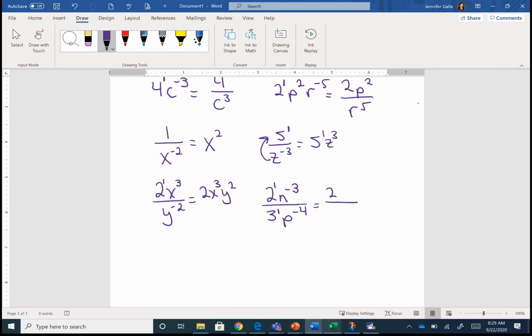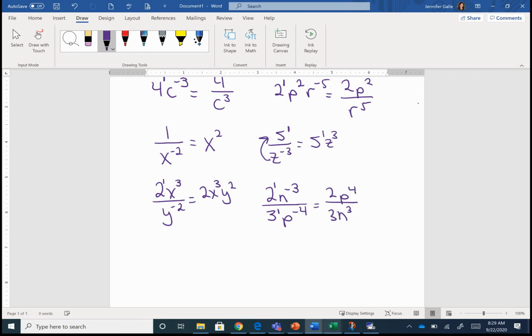Needs to go down, right? All right, now I go to the bottom. 3 has a positive exponent. It stays. P to the negative fourth, however, it's not happy down there. Where is it going to move to? It's going to go to the top.